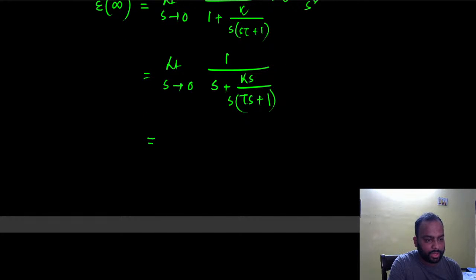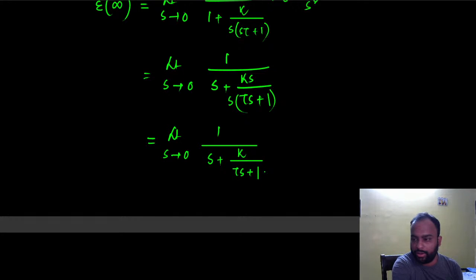Here this s and this s can cancel out. So I would have limit s tends to 0 of 1 by s plus K by (tau s plus 1).